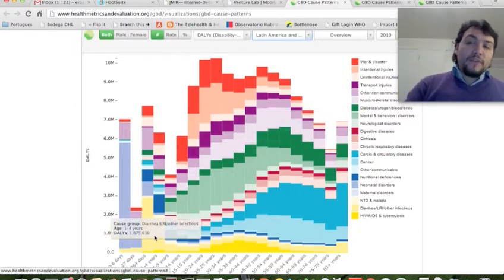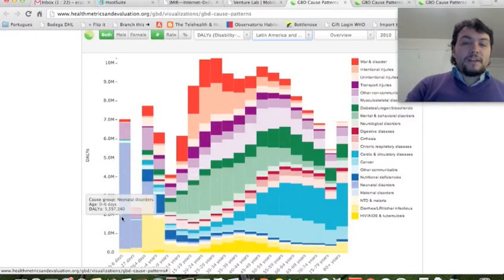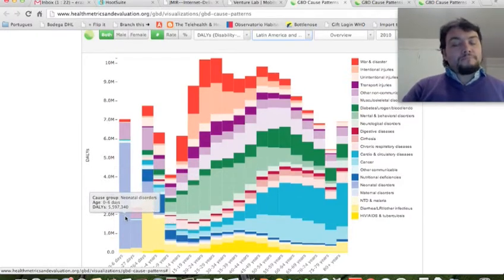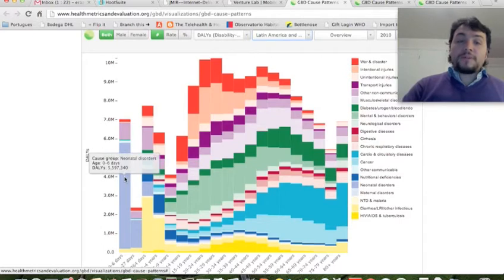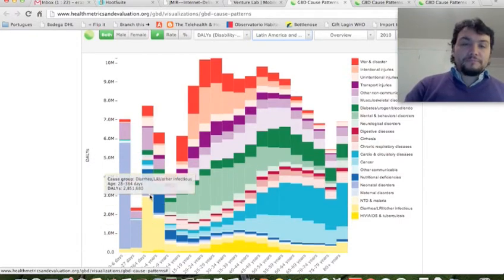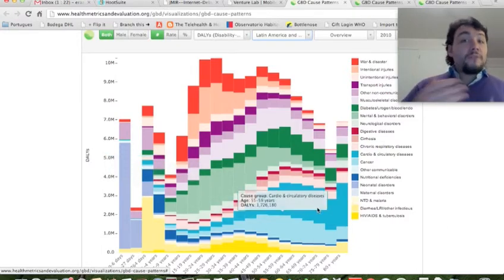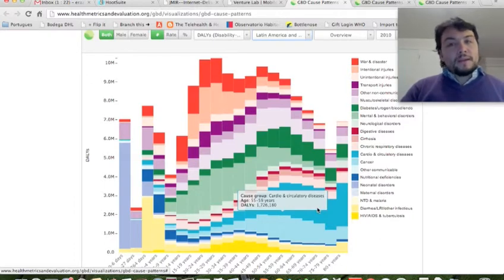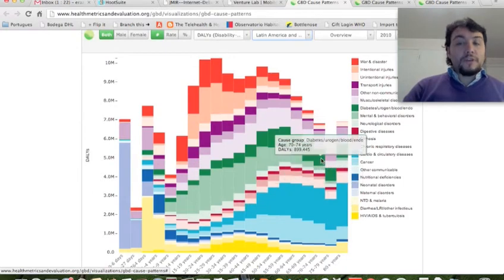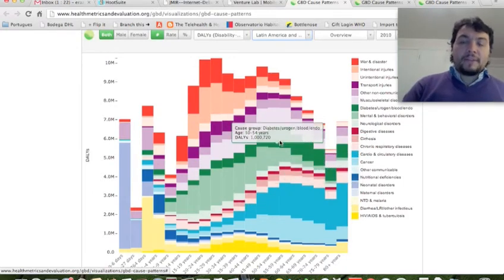So you can still find that early in life there's a large burden coming from neonatal disorders, infectious diseases, malnourishment, while at the same time we're seeing a rapid increase in illnesses associated with risk factors for chronic diseases, including metabolic disorders such as diabetes.